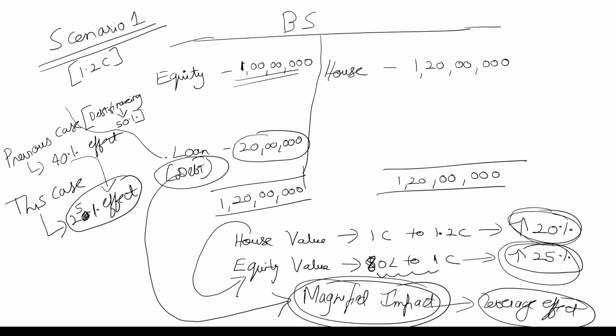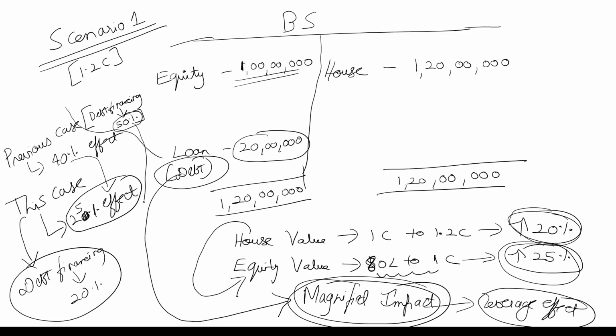Now in this case, my debt financing was only 20%, because out of 1 crore, 80 lakhs came in the form of equity and only 20 lakhs came in the form of loan. So the proportion of debt in the total financing has reduced from 50% to 20%. Since the proportion of debt has reduced, the magnified impact has also reduced.